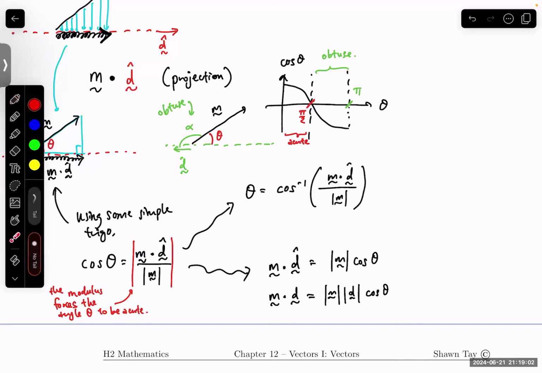Of course, if you don't do the modulus, you go and do your cosine inverse. Actually, I'm not very sure whether the calculator likes it or not. I'm under the assumption that the calculator doesn't do, let me check, cosine inverse of a negative number. But usually I don't like to use the calculator, so I'm not very sure.